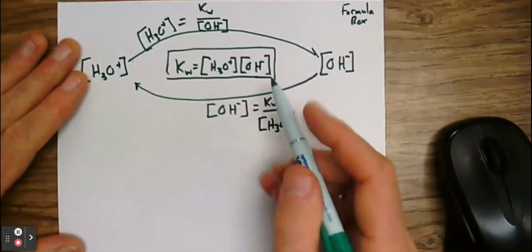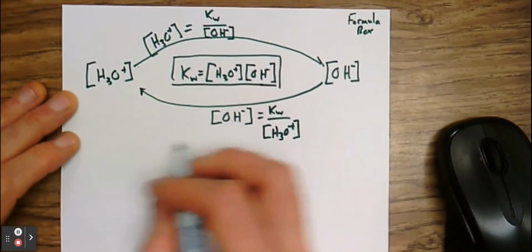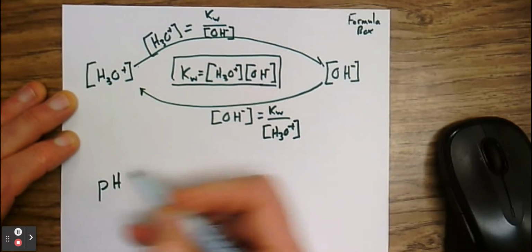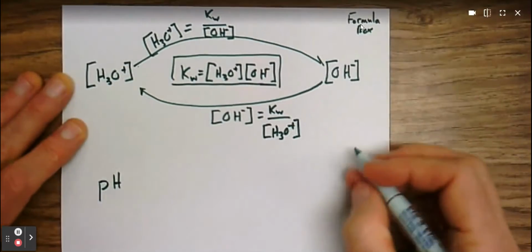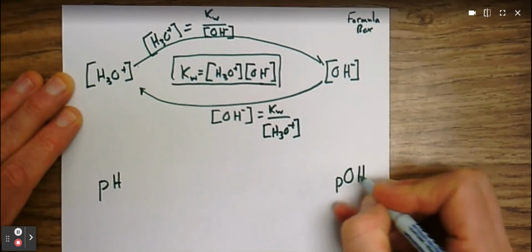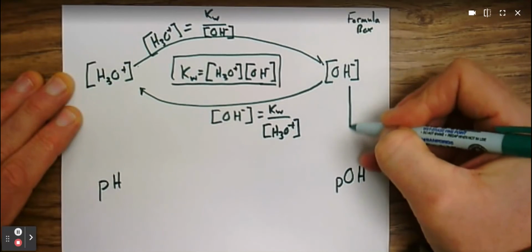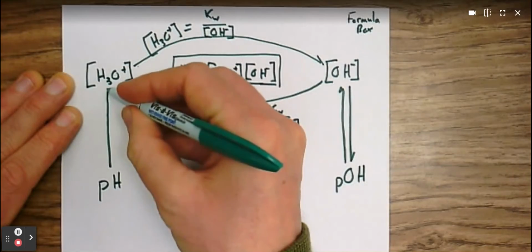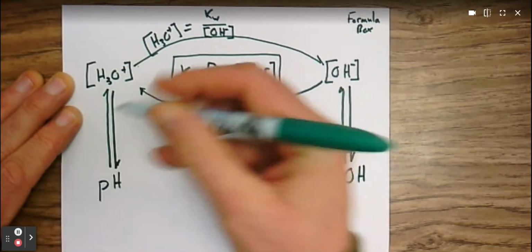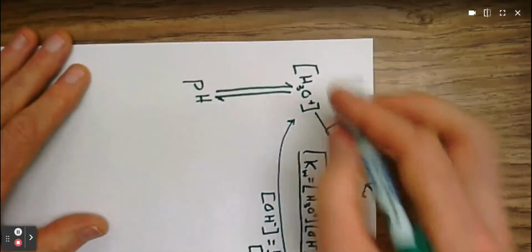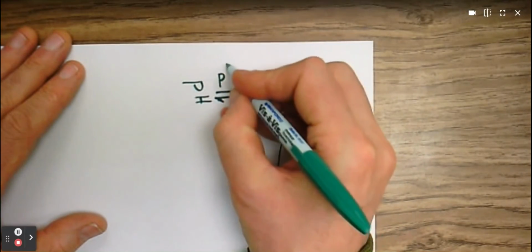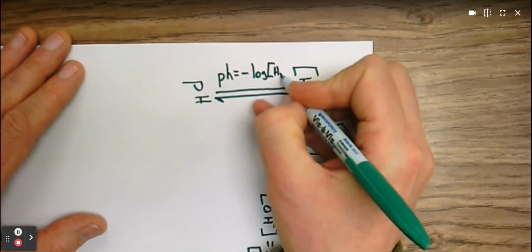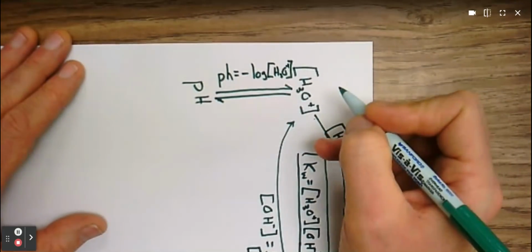Now, put here your pH, and over here you're going to put your pOH, and then I'm going to spin the paper. pH is equal to the negative log concentration of H3O plus, all right?